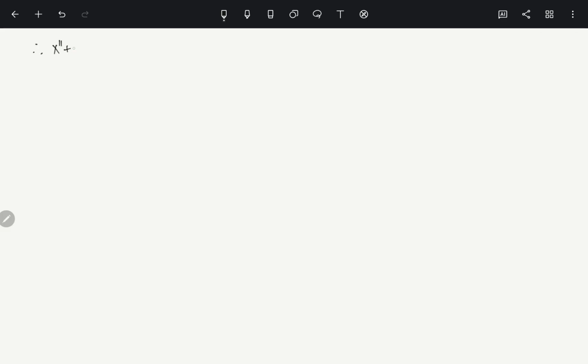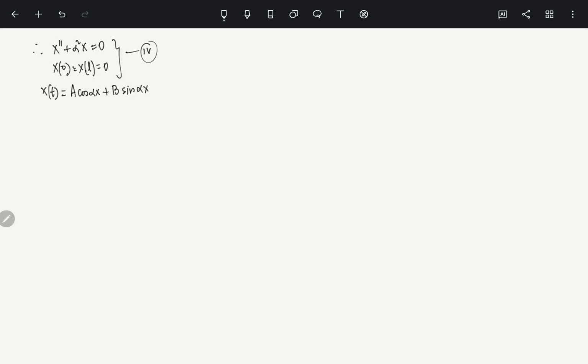X double prime plus alpha square times x equals to 0, and x0 equals x of L equals to 0. Let's call it 4. Now you know that any solution of this thing, x of t, looks like a cosine alpha x plus b sine alpha x.